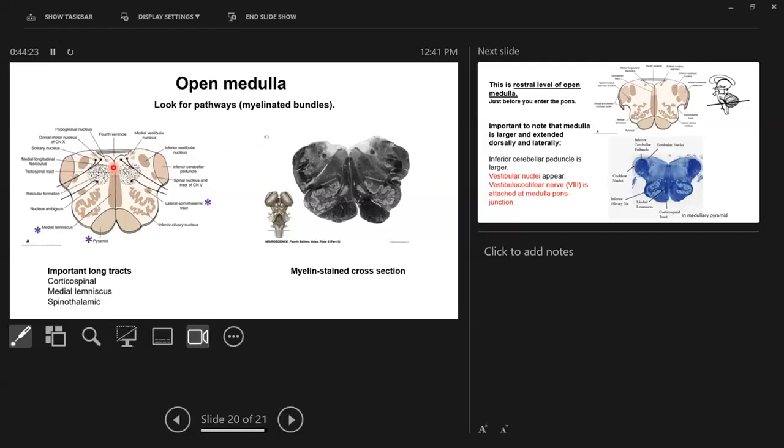These will be important in more rostral levels of brainstem for the coordination of eye movements. And then in these lower levels of brainstem in the medulla, some of the vestibulospinal projections go down. So this is also an intrinsic superhighway system for coordinating certain functions.